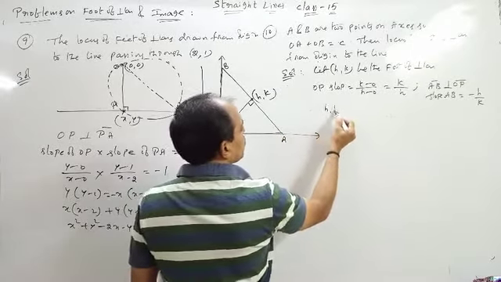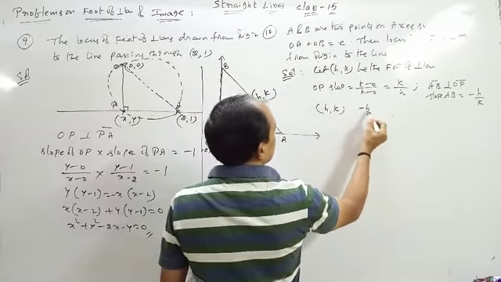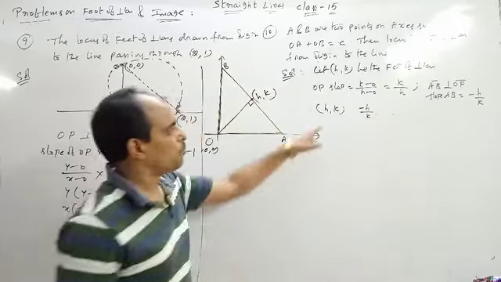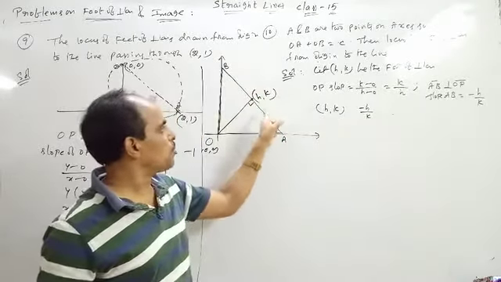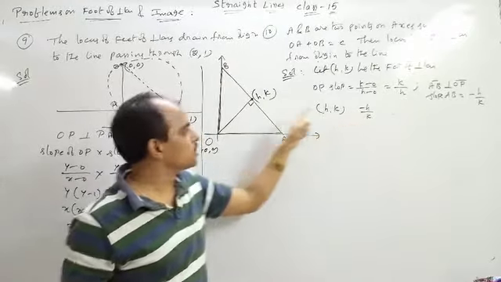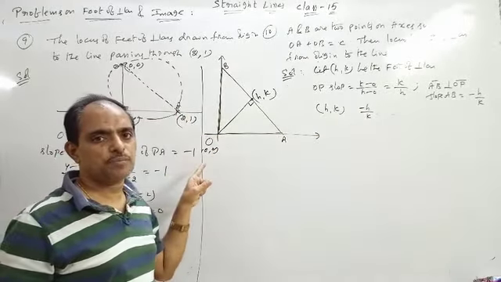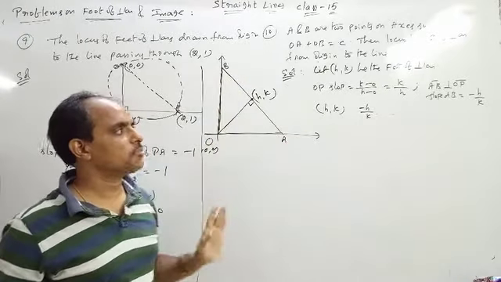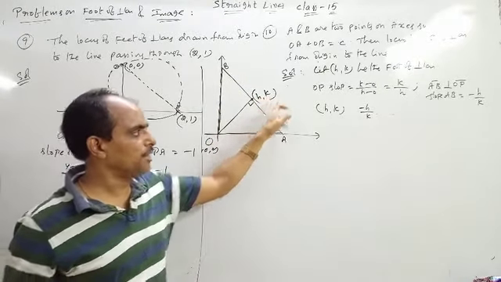Now the point is h comma k, on this line, and the slope is minus h by k. We have a point and slope.